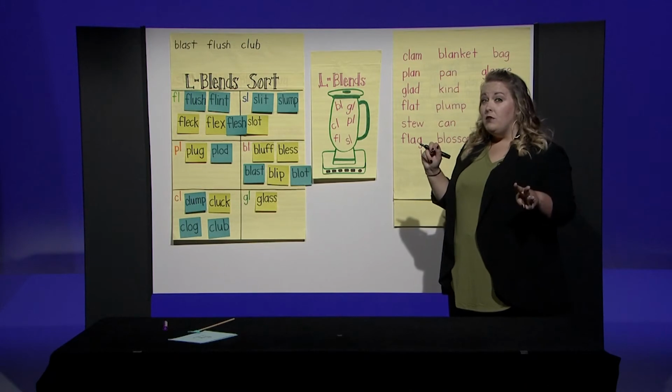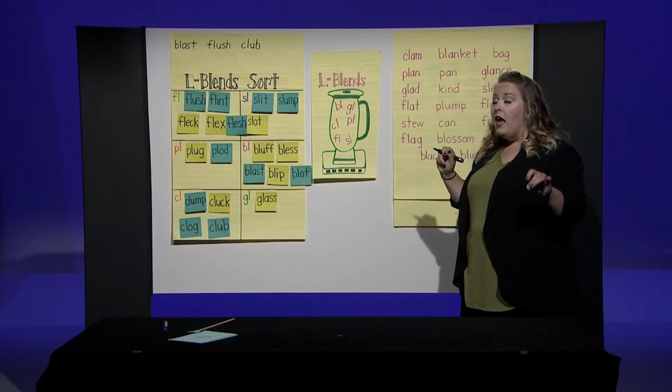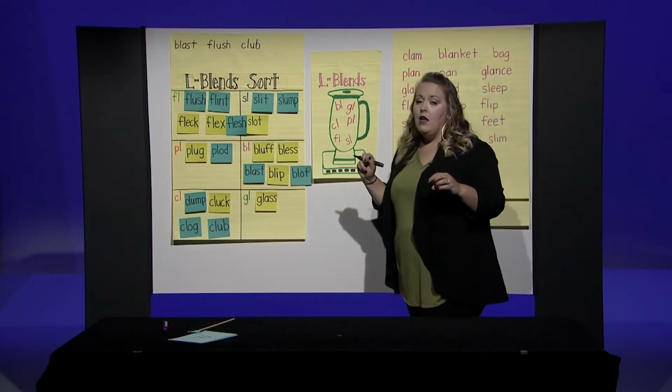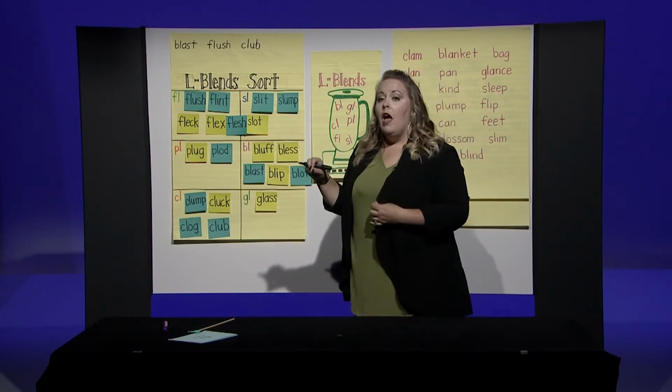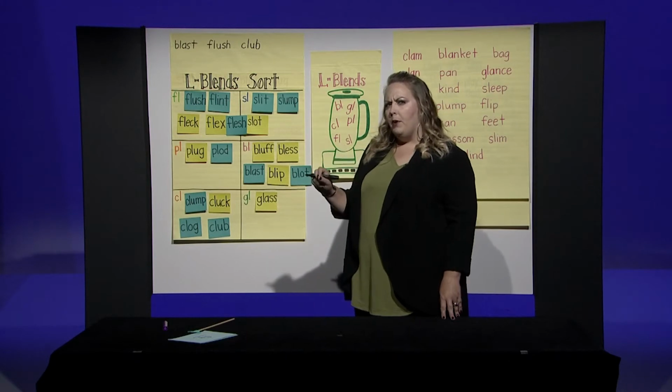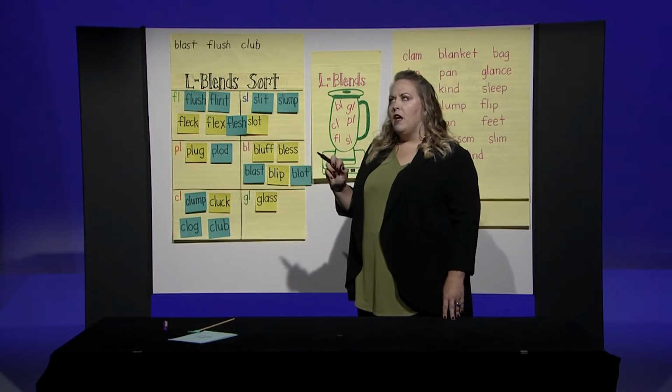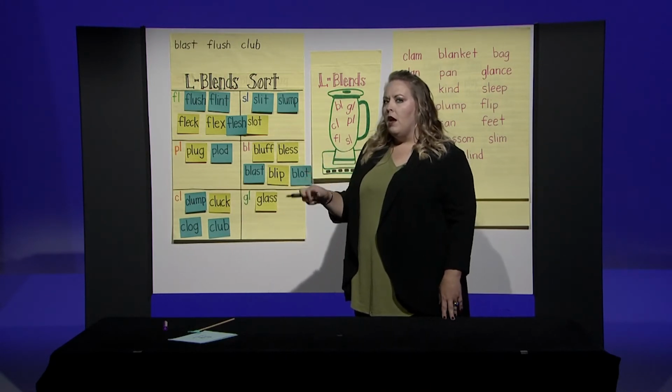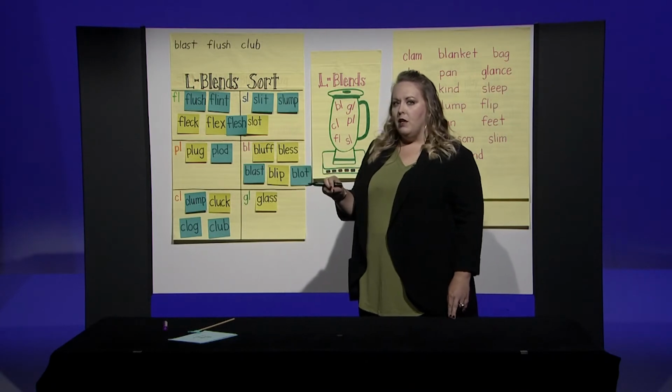Okay, so now I'm going to give you a word. I'm going to give you a few seconds to write your word, and then we'll talk about it together, okay? So get your paper and your pencil out, and think about the word slump. Make sure you think about all the sounds you hear and write the letters that represent those sounds.